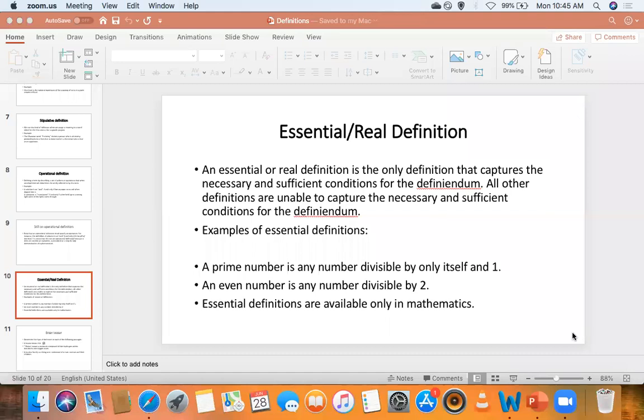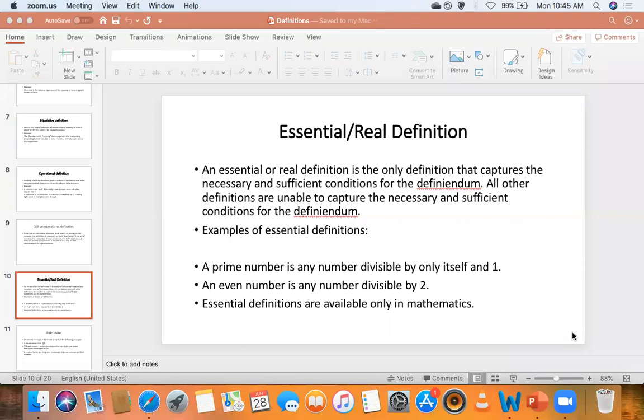So if a table and a chair are both befitting of the definition, then it means that the definition does not satisfy the necessary and sufficient conditions for a definiendum. It doesn't satisfy the necessary and sufficient conditions of a chair, and it doesn't also satisfy the necessary and sufficient conditions for a table. So in that case, the definition is not an essential definition.